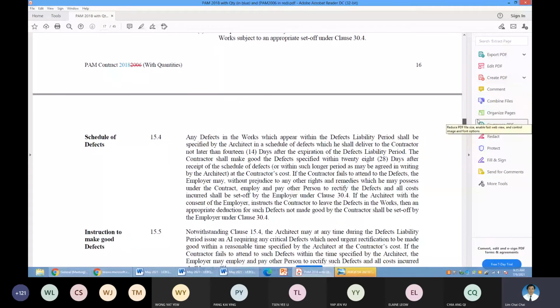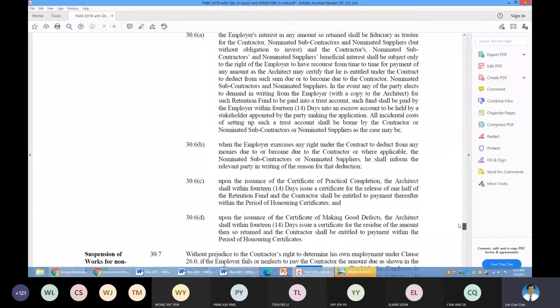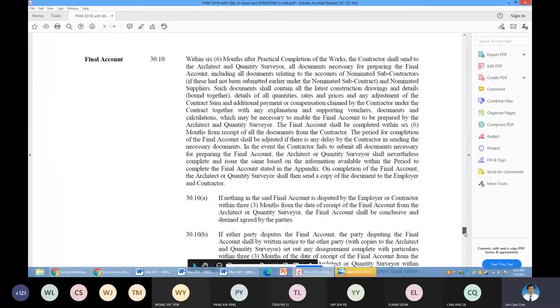Now your clause 30, sorry. Yeah. See here? So it ties back to what I mentioned earlier over the certificate of practical completion, and the retention sum is also under your clause 30. And then your clause 30.10, you can see final account and so on. Within the 6 months of practical completion of the works. Okay. So these are where the final account starts already, or final measurement or whatever.